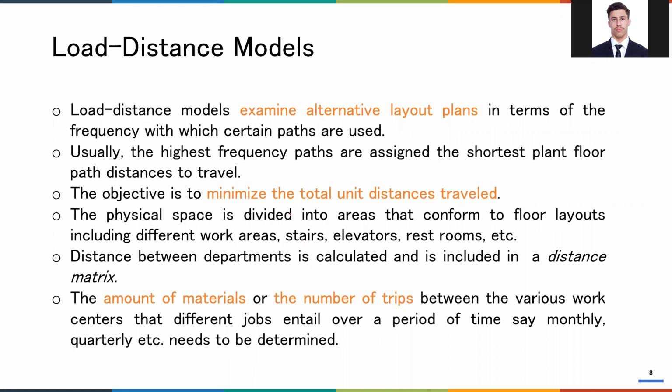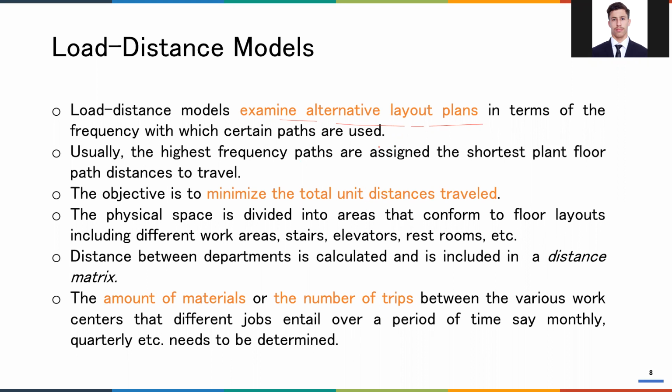And we can have the so-called load distance model, which basically tries to calculate the layout itself. By having the load or frequency and multiplying it with the distance, we can find the overall total score for our layout.